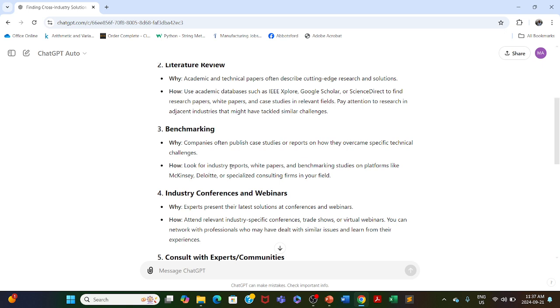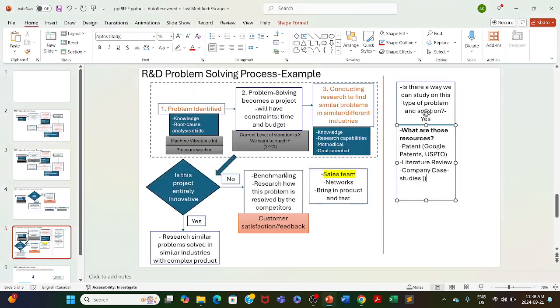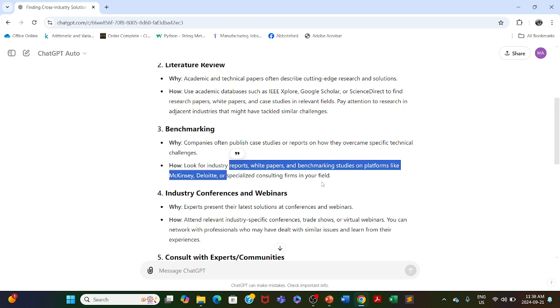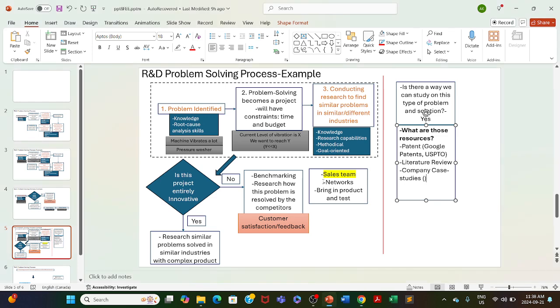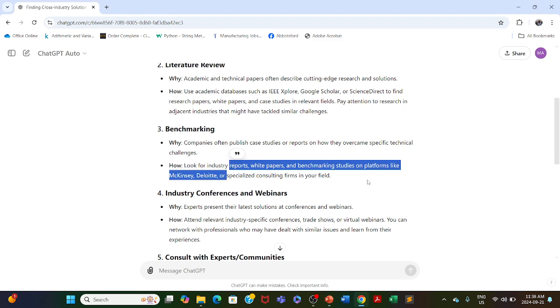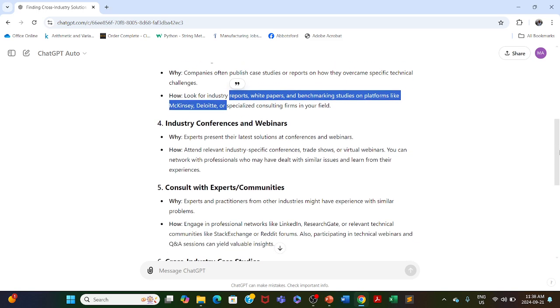Look for industrial reports, white papers, and benchmarking studies on platforms like McKinsey, Deloitte, and special consulting firms in your field. Okay, I can explore more on that topic later.